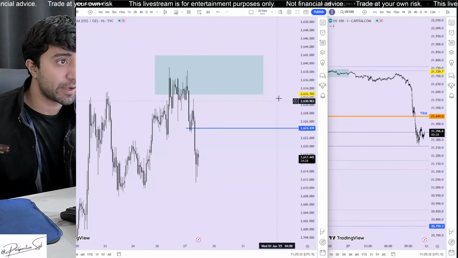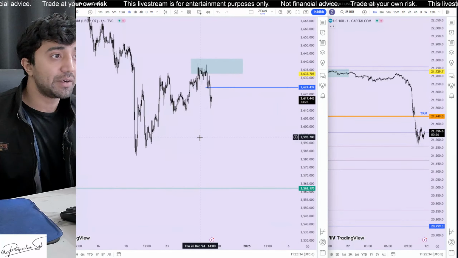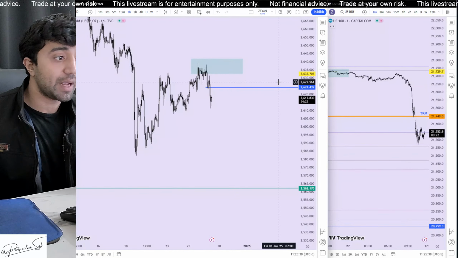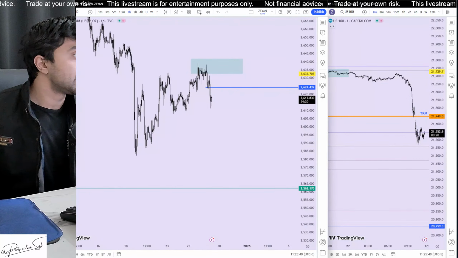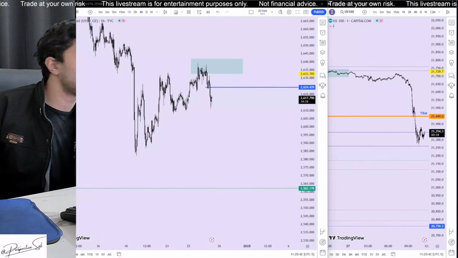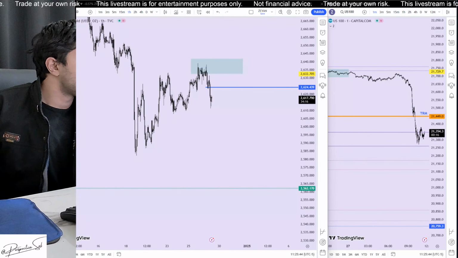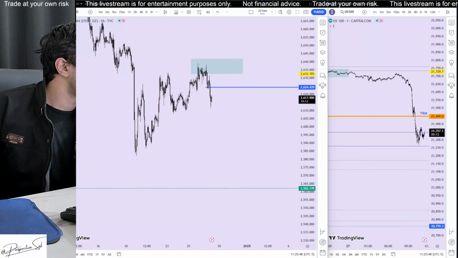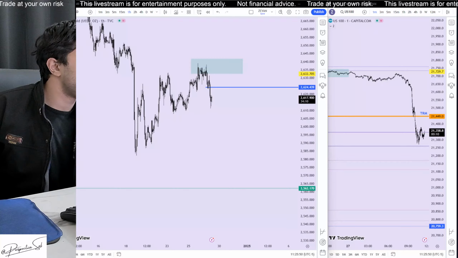So we are below this point, and in the long term I'm not allowed to go long. I can only take swing shots. So these are the two reference points. Just have this on you. The first one is this box. The next one is you'll see the price will respect this point a lot.